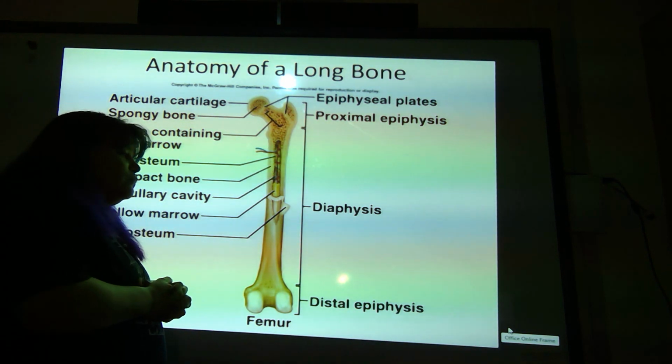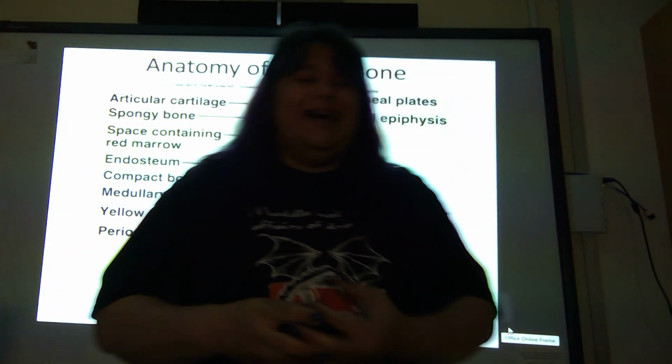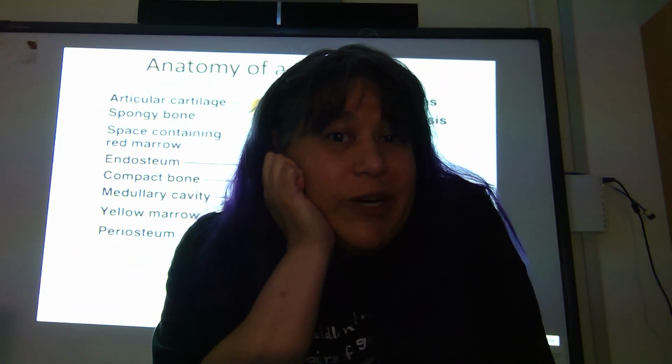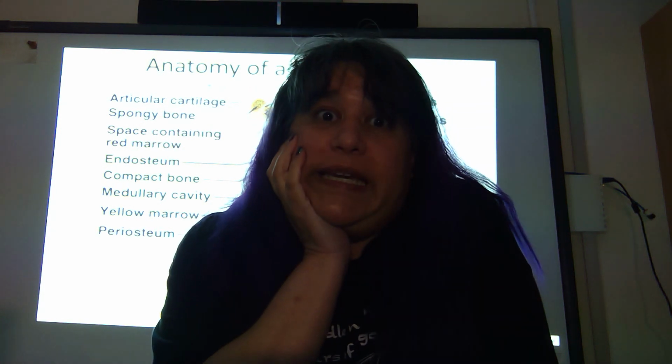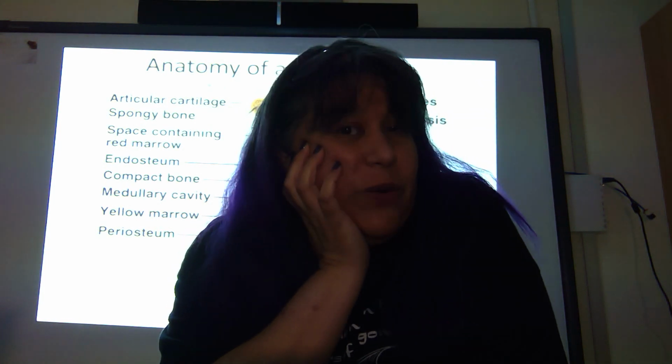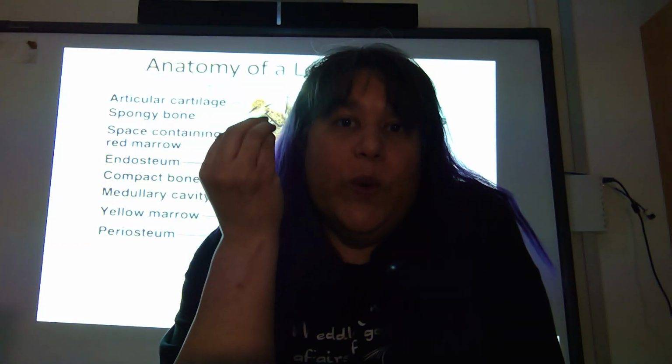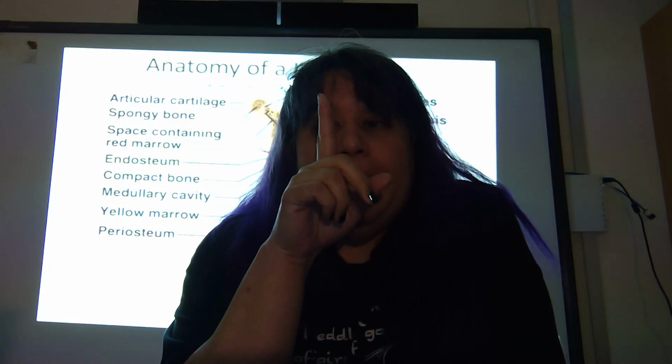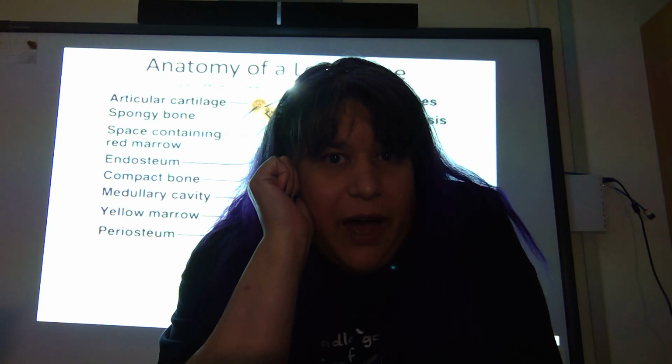So, hollow bones. Again, doesn't sound like a really good idea, but it actually is. Because again, it makes us lighter, which means that if we're running away from a predator, we're lighter and able to do it. Going back to the idea of columns.